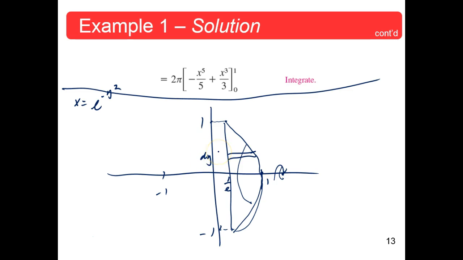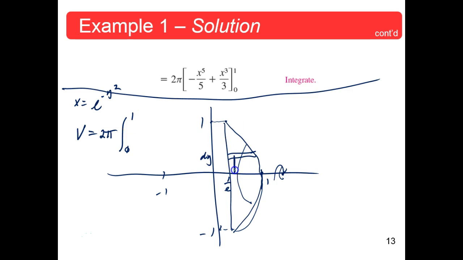Now the volume is equal to 2 pi times that radius. Oh yeah, and the y's are going from 0 to 1. I didn't write the whole problem. I probably should have. Here's your radius.